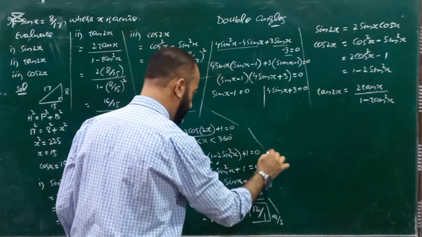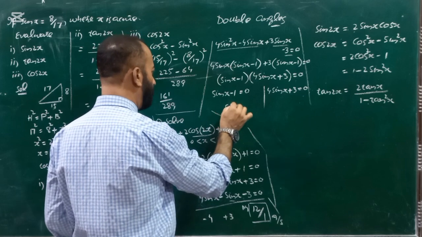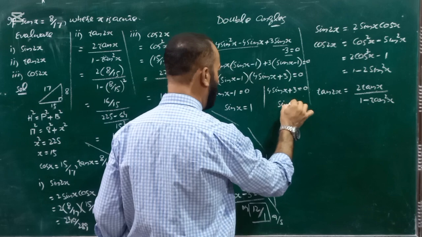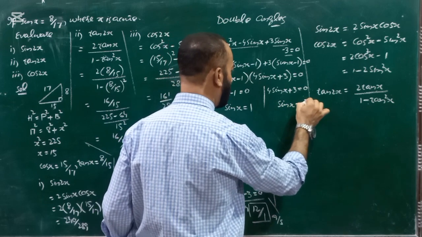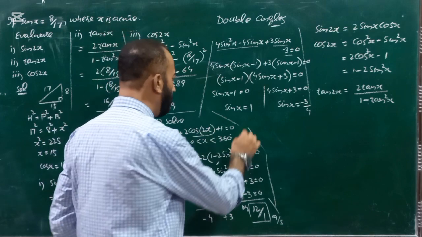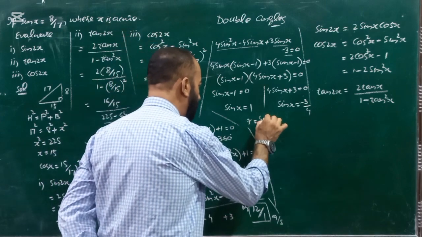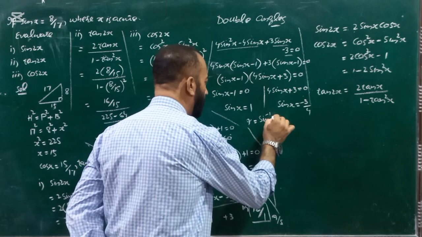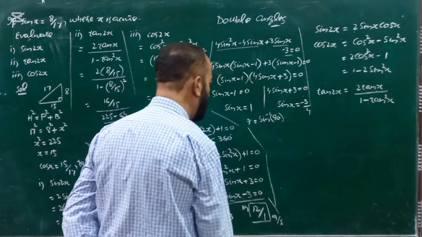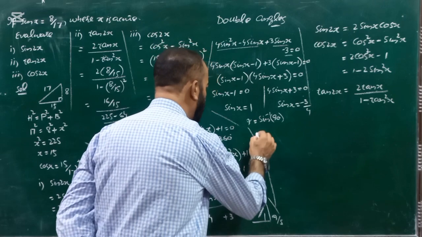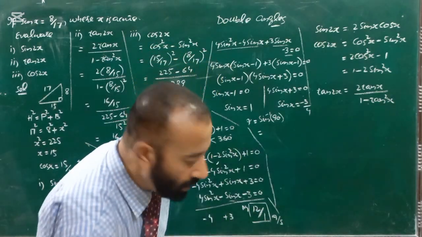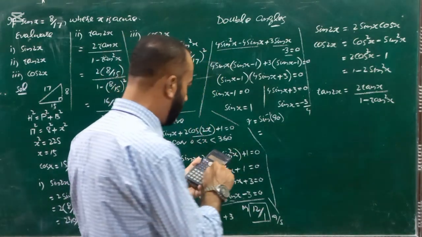From here, sin x will be equal to 1, and from here sin x will be equal to minus 3 by 4. Okay, from here basic angle will be sine inverse 1. So alpha is, so from here we are going to find the angles.